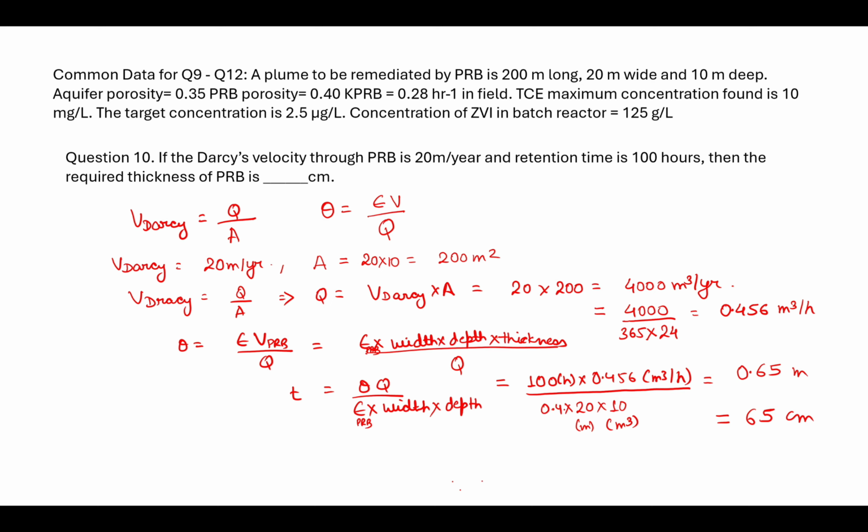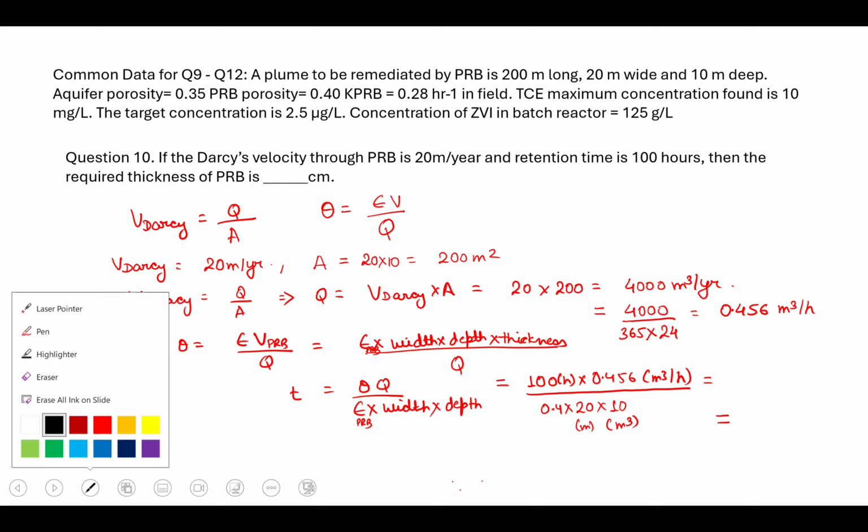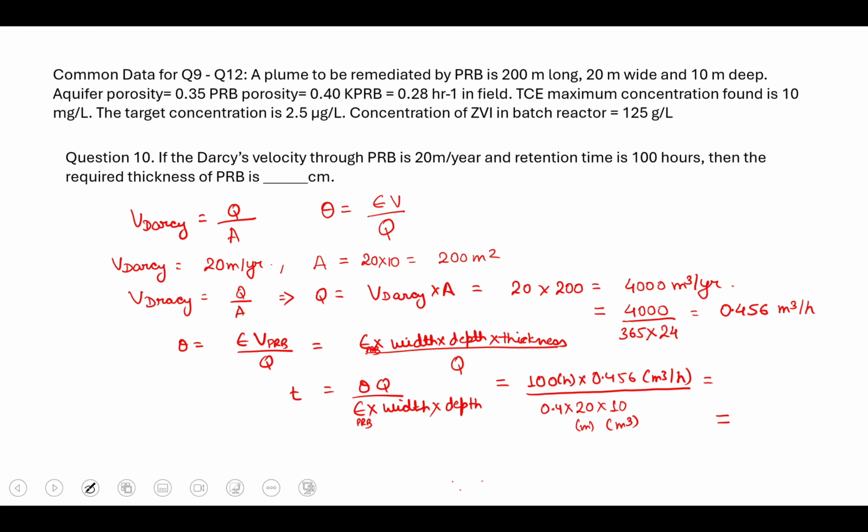So our values will change. We are getting 57, not 65. To find out the thickness of the PRB, we need to consider the porosity of the PRB because water will pass through the PRB, so porosity of PRB will matter.